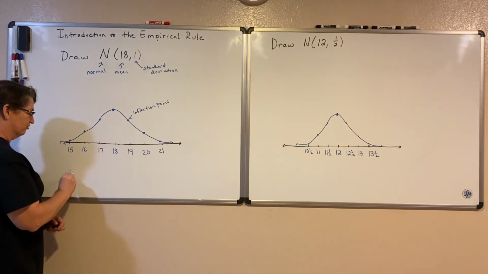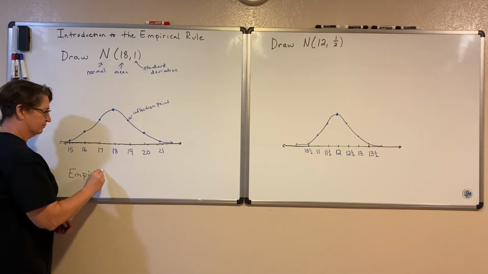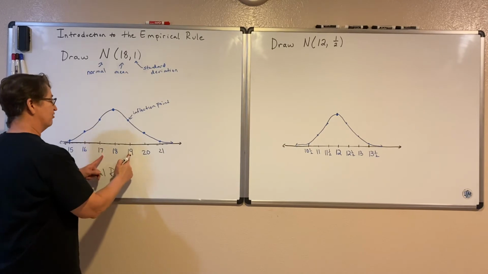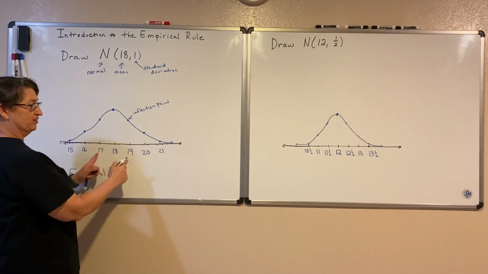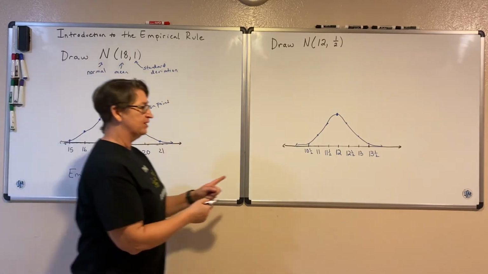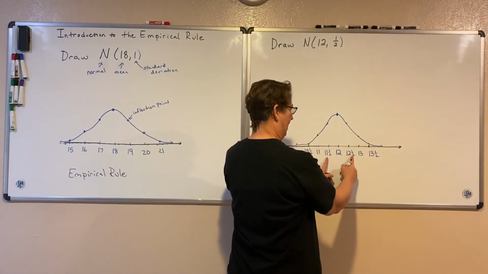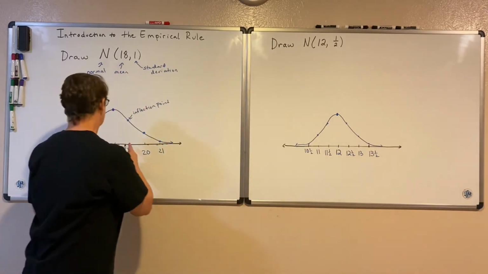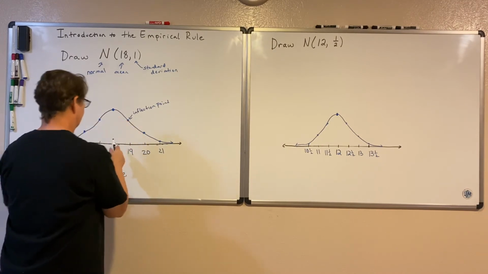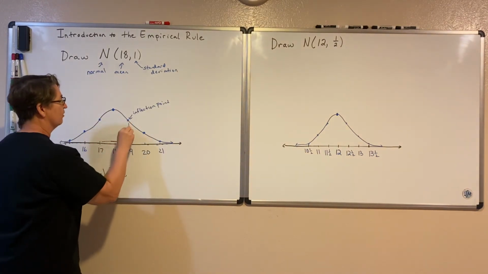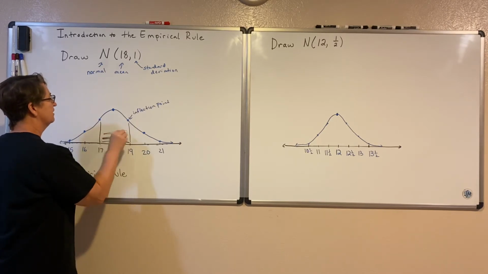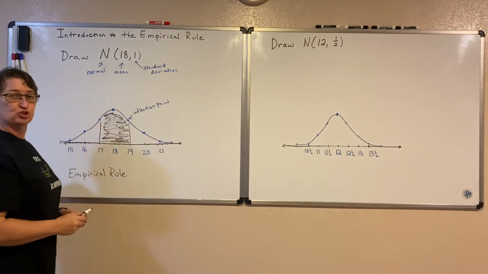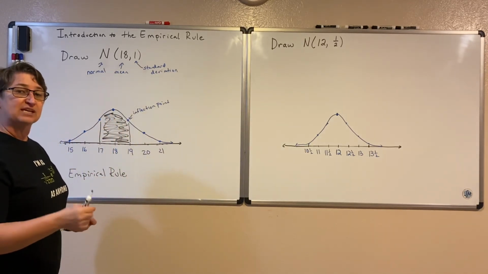And the empirical rule tells us that within 1 standard deviation from the mean, so in this case from 11.5 to 12.5, that area underneath the curve makes up 68% of my distribution, or that area is 0.68.